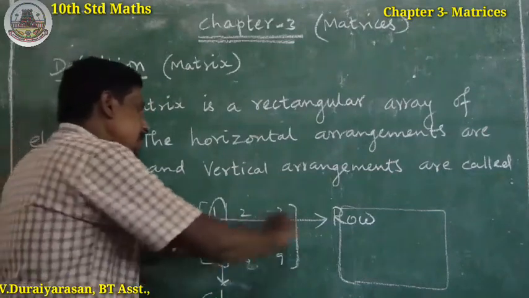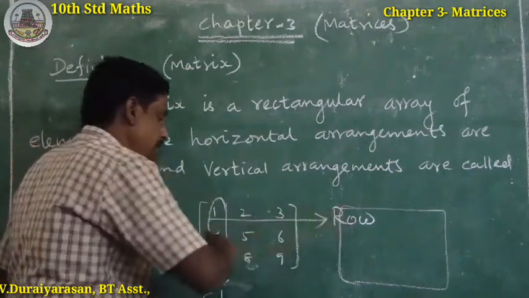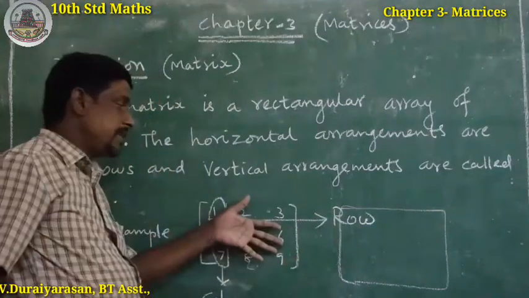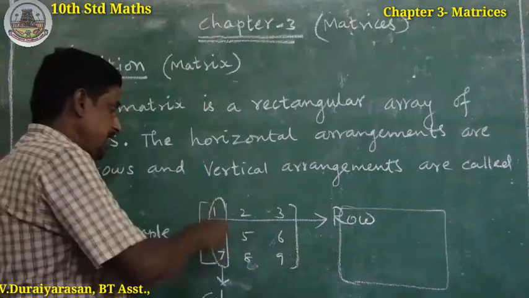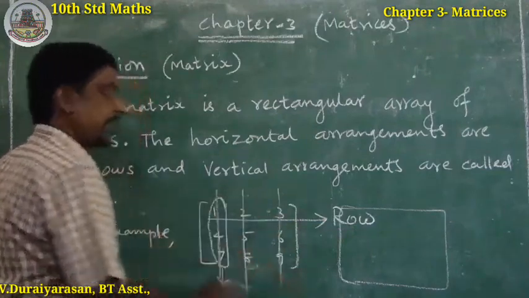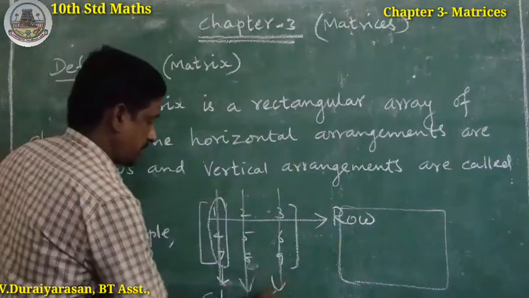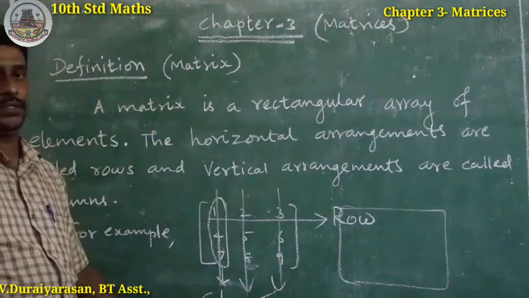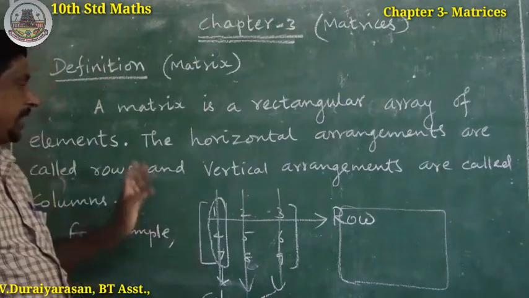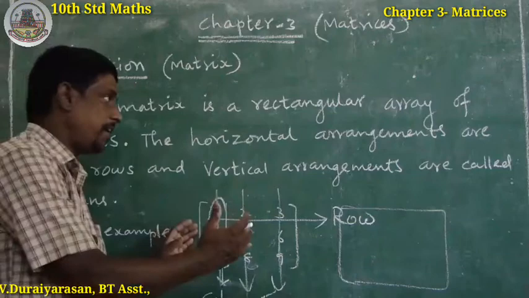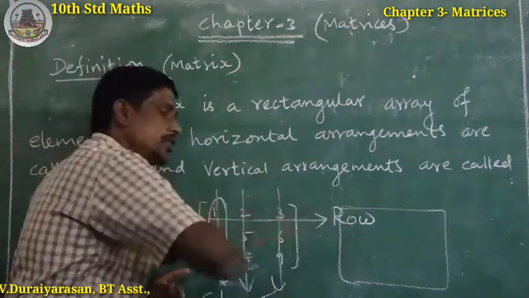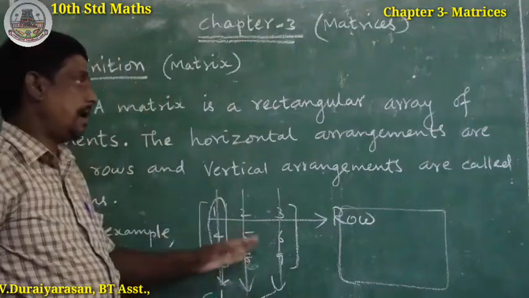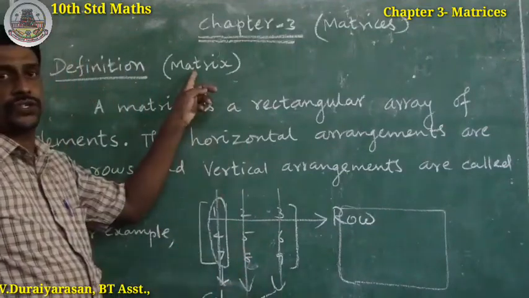The horizontal arrangements 1, 2, 3 are called a row. The vertical arrangement is called a column. So, an array of elements in a rectangular form in rows and columns is called a matrix.